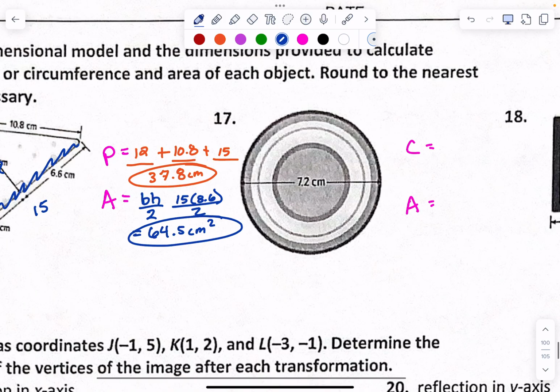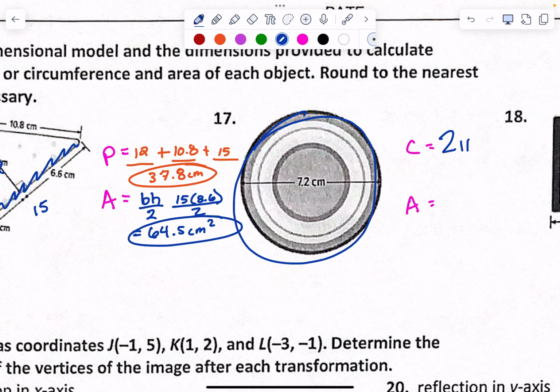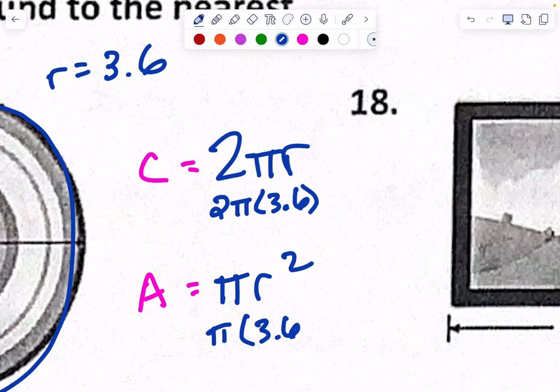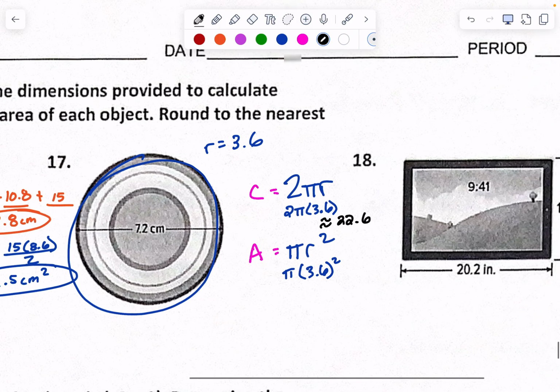17, how do you find circumference of a circle? Circumference is the distance around. 2 pi r. How do you find the area of a circle? Pi r squared. Okay, we need to know what the radius is. Radius is not 7.2. It's 3.6. So all we're doing is plugging in 2 times pi times 3.6 and pi times 3.6 squared. Easy peasy. First one is 22.6 around, and that is in centimeters.